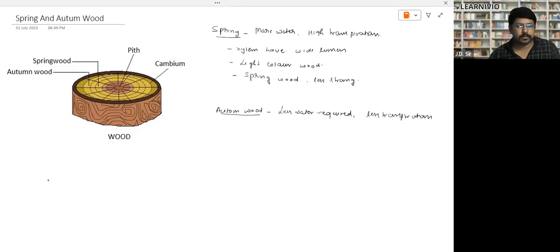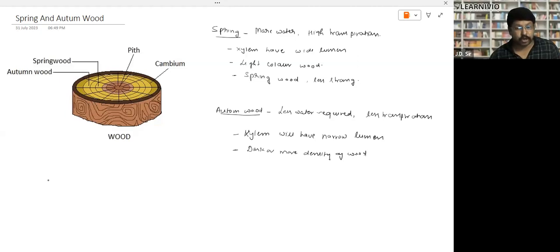Then xylem will have narrow lumen, so dark color and more density of wood.